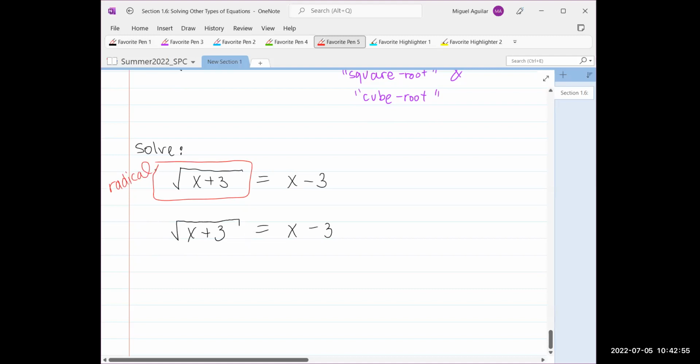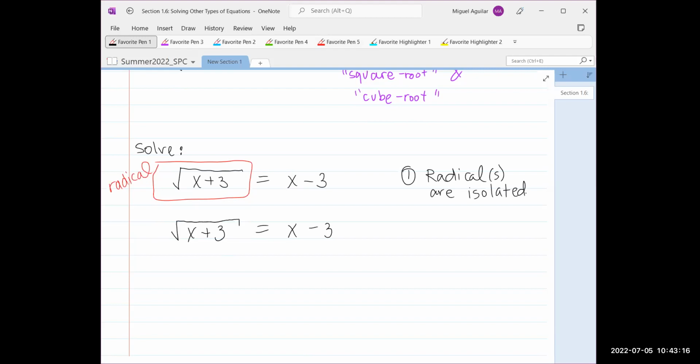Before you start moving things around or trying to cancel things out, you want to make sure that your radical expression is isolated. That is, the entire radical expression, the square root of x plus 3, is on one side of the equal sign and it's by itself. All the other terms, the x minus 3, are on the other side of the equal sign, and that's how you want to begin.